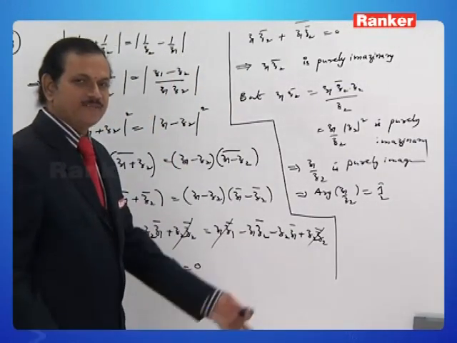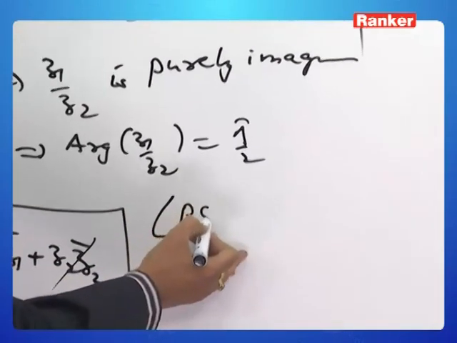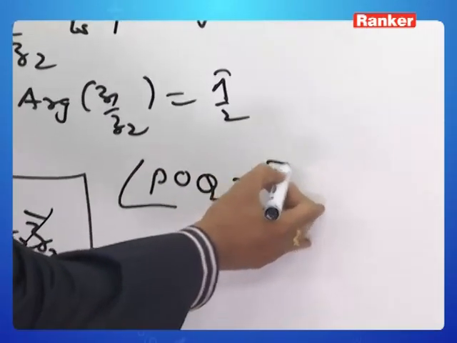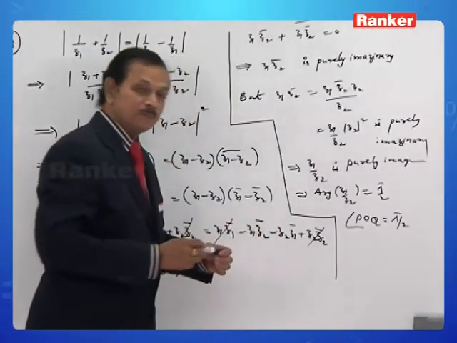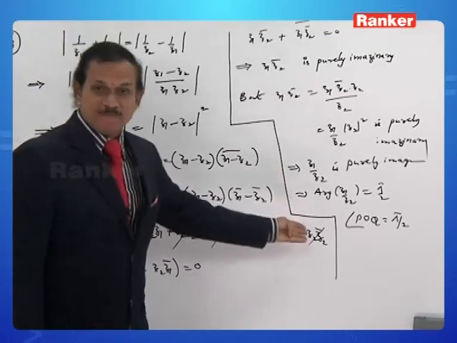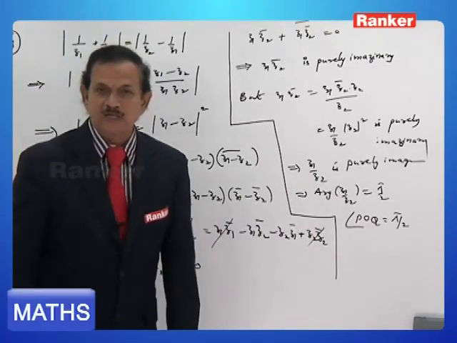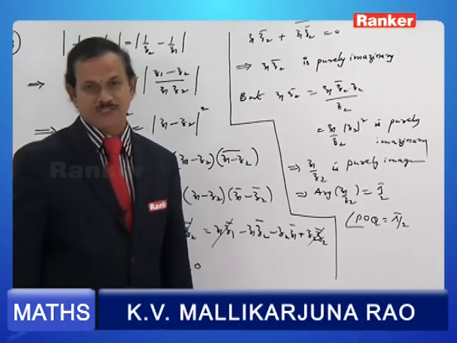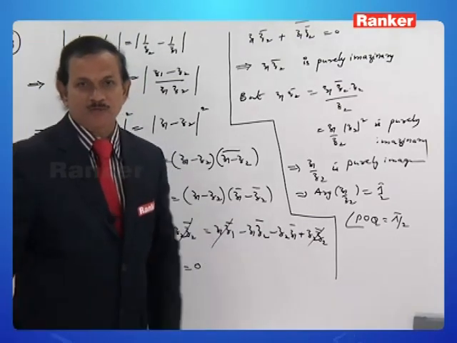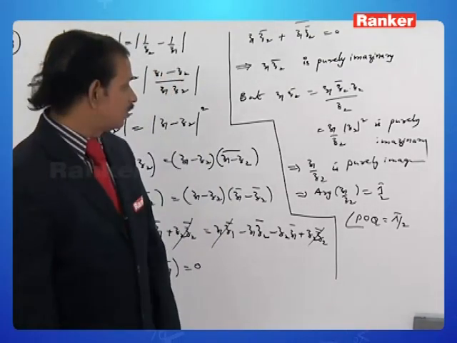Argument of Z1 by Z2 is nothing but the angle POQ. Am I correct? Angle POQ. That is a valuable step which we could have achieved at the last. Angle POQ is 90. From which step are you able to have Z1 by Z2 is purely imaginary?